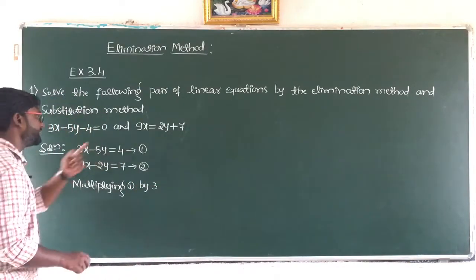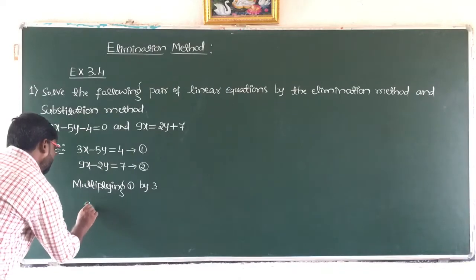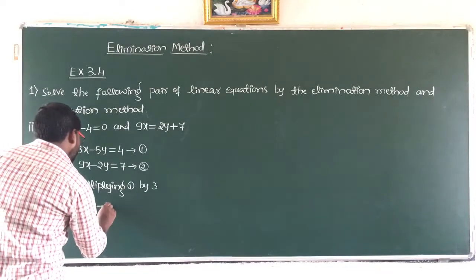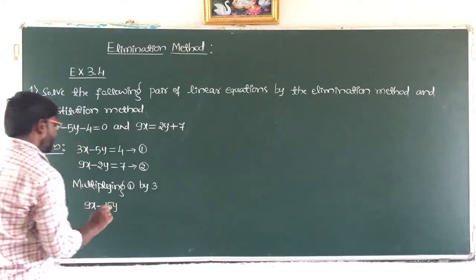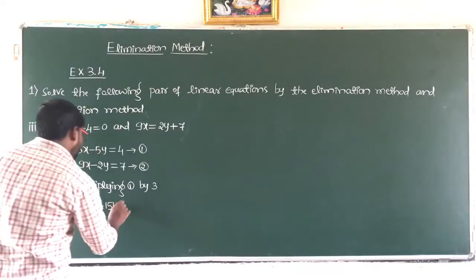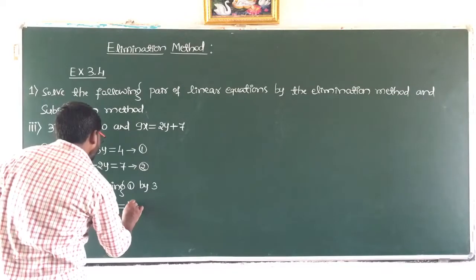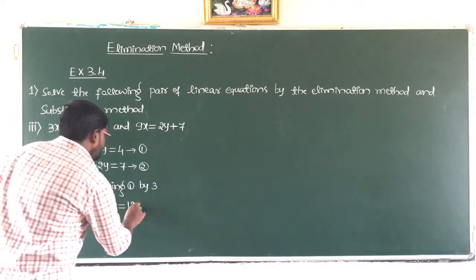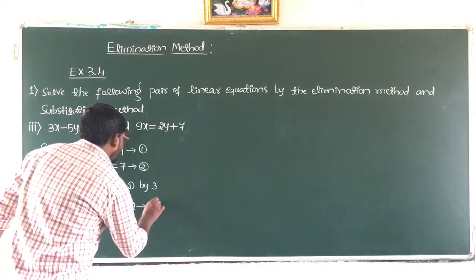We get 9x minus 15y, which is equals to 12. So here also we have to multiply by 3, we get 12. So I call this as equation number 3.